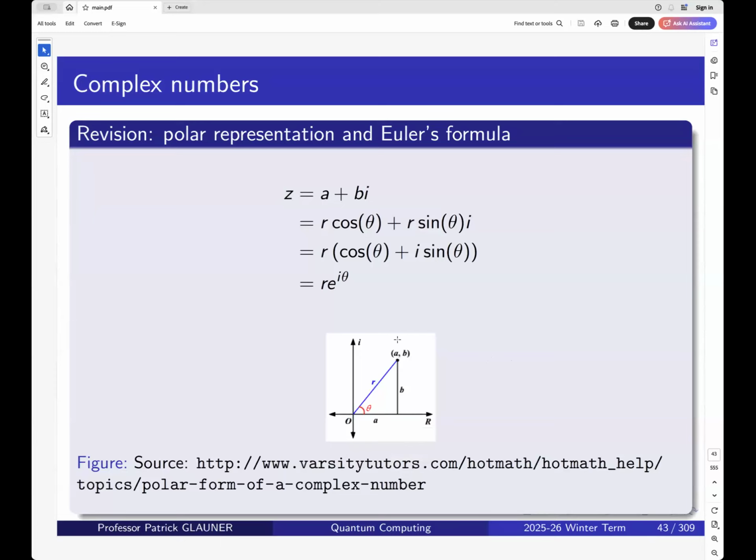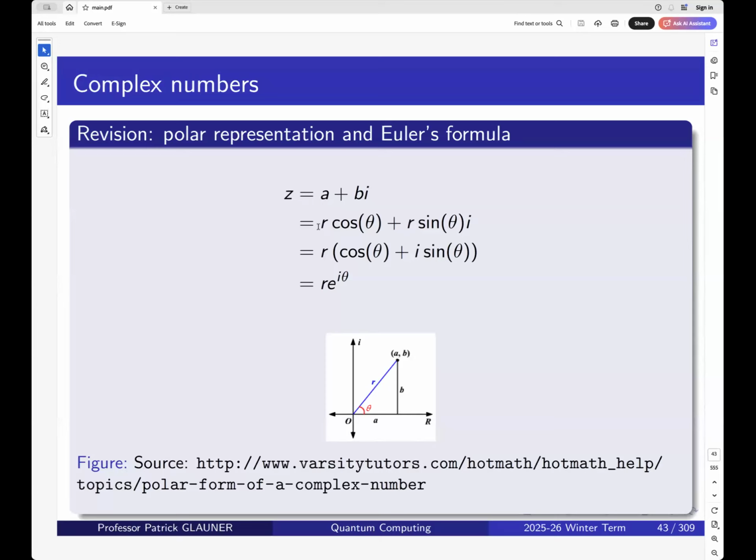But what we can see is we can describe a complex number in two different representations. For example, with the polar representation. So our complex number, which is z, which is a plus b times i, we can represent this in polar representation, which is some format you have seen probably not only for complex numbers, but also in some other cases.